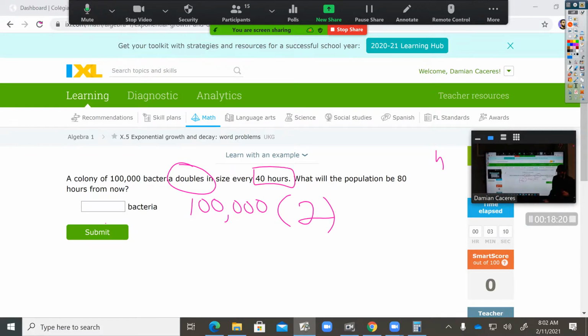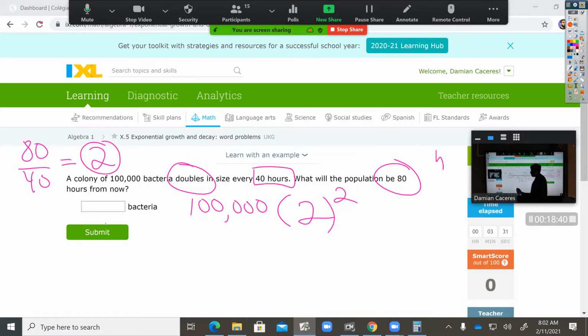Now, usually, if that was the end of the word problem, 40 is my exponent. But what did I say about time? If you see time twice, what do you do with the time? You divide it. So you have 80 hours and 40 hours. 80 divided by 40 equals 2. That's your exponent.